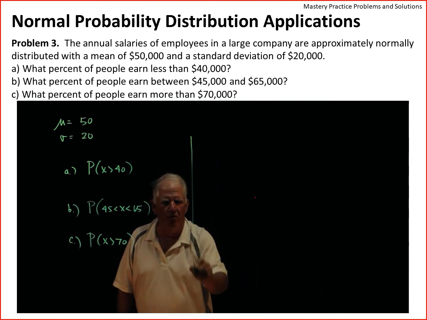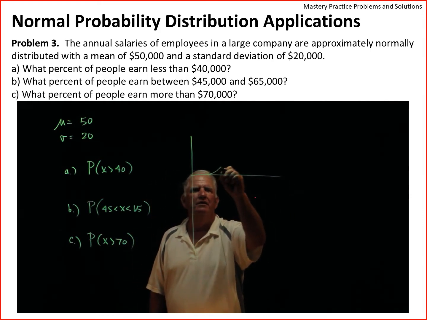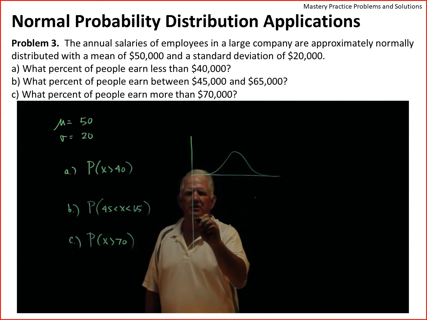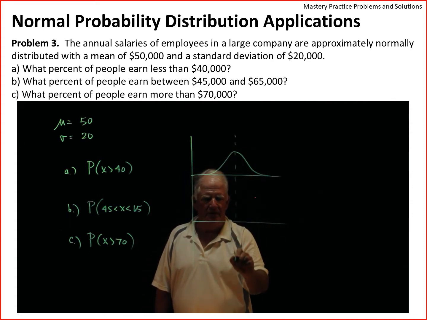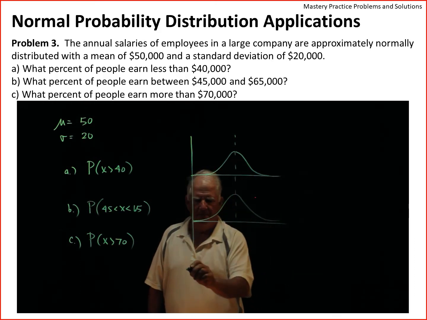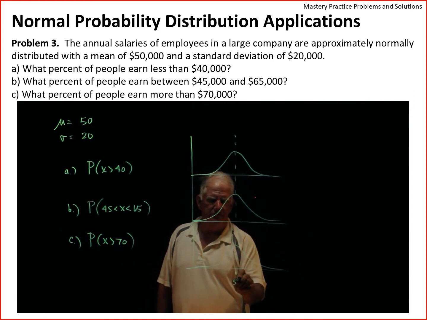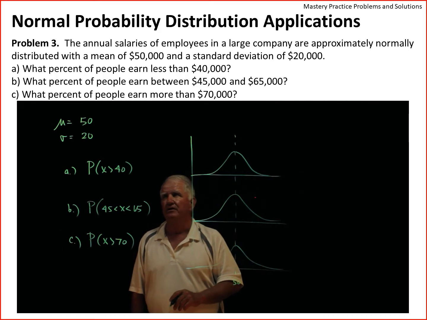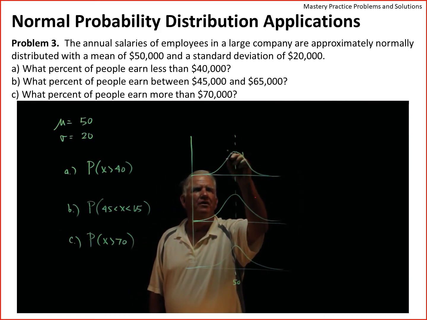Again, as I've done before, I'm going to draw, in each case, maybe we'll do all of these at once, okay? All of these at once means I'm going to need 3 distributions. These are the same distributions in all cases. The mean is 50, the standard deviation right there is 20, all right?